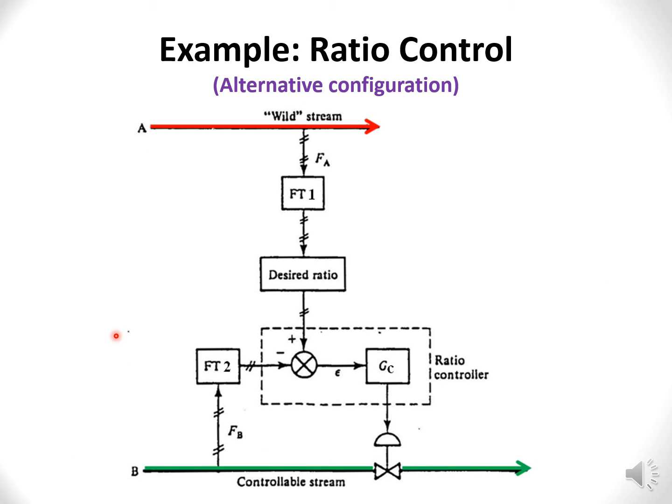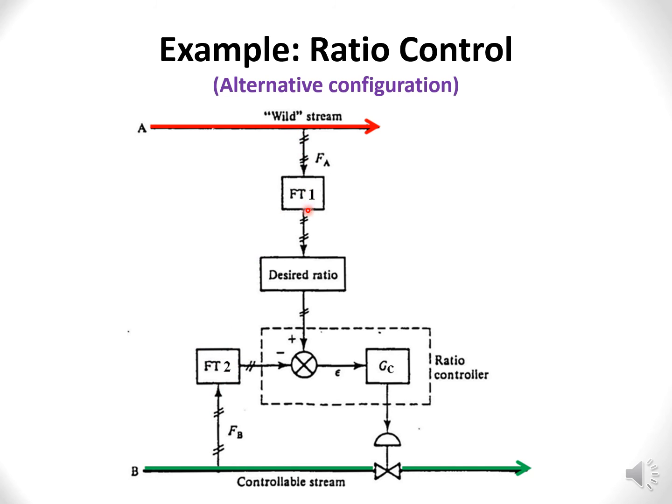The other alternative configuration we can use for ratio control is that both streams have a measurement. We still have the controlled stream, flow FT2.